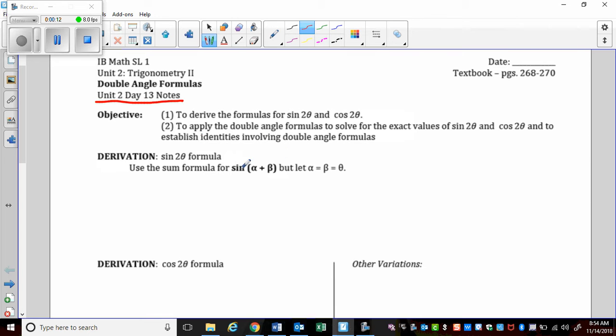So this is how we got the double angle formula, sine of 2 theta. We know that sine of 2 theta is sine of theta plus theta. And we know that the sum formula for sine is sine, cosine, cosine, sine. So sine of the first one, cosine of the second one, plus cosine, sine.